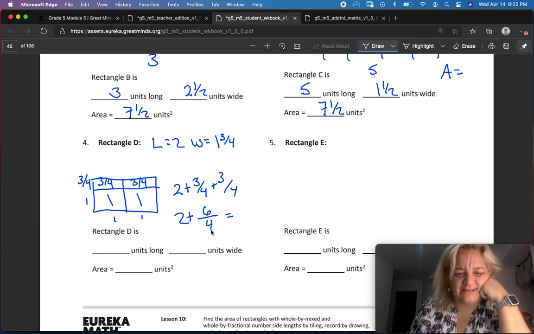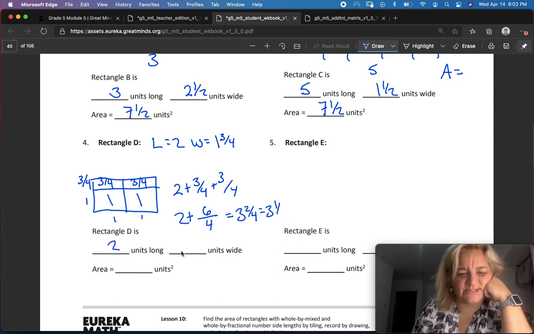And that would equal 1 and 2/4. So now I've got 3 and 2/4, which equals 3.5. So I have 2 units long and 1 and 3/4 units wide, and my area is 3 and 1/2 units.